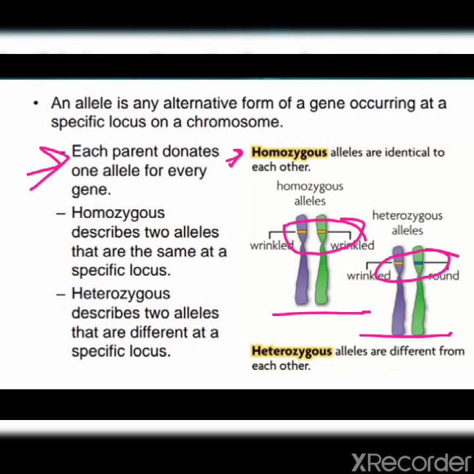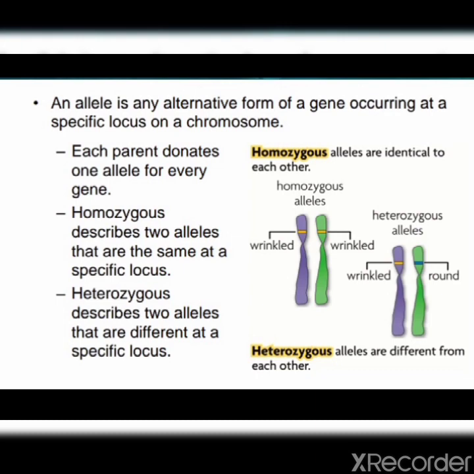In homozygous, both alleles are given in yellow color, but in heterozygous alleles, in this one, green one, it is given in black color, and in purple one, it is given in yellow color. So heterozygous alleles are different from each other. Every gene has two alternative forms for a character producing different effects, and these alternative forms are called the alleles.